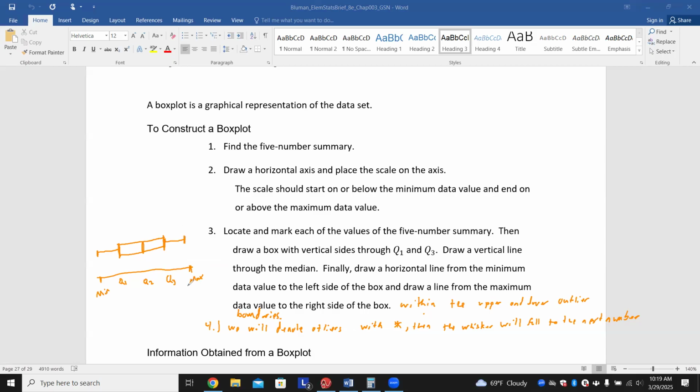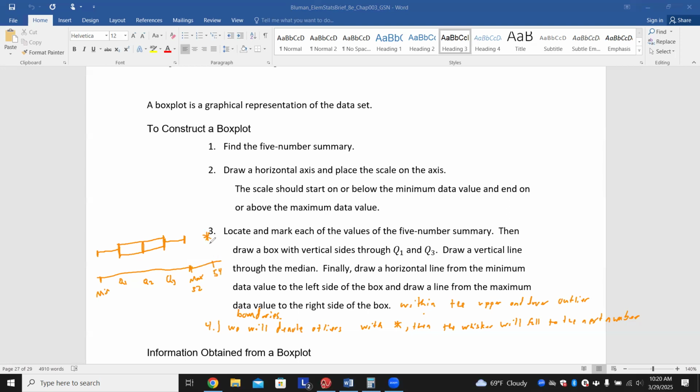But if there was an outlier, let's go with the other example. That max was 54 on the last video, sorry. The max was 54 and we had an outlier at 54. The next number up would have been 32. So what you would have done is the max would have been 32 here, and at 54, we would have had a little asterisk there.